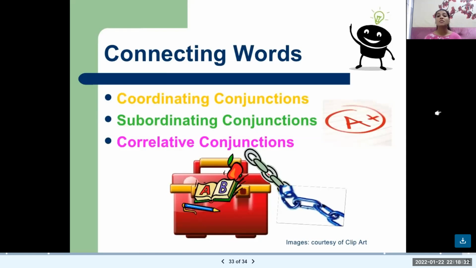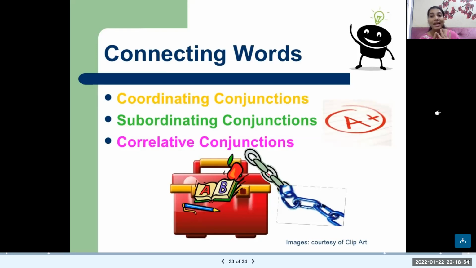Right. Now, have we understood all the types? Coordinating conjunction, subordinating conjunction, and correlative conjunction. I have mentioned the short forms for the first two. Do you remember them? The first one is fanboys for coordinating conjunction. The second one is subordinating, and for that it is wasabi. And correlative has four pairs.